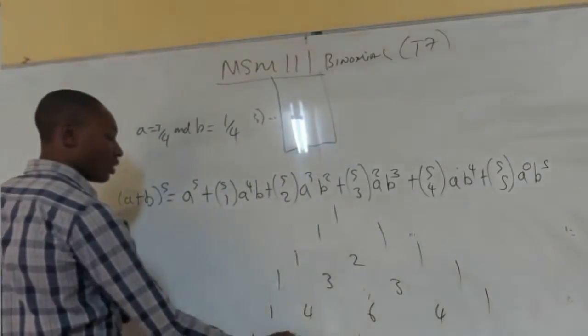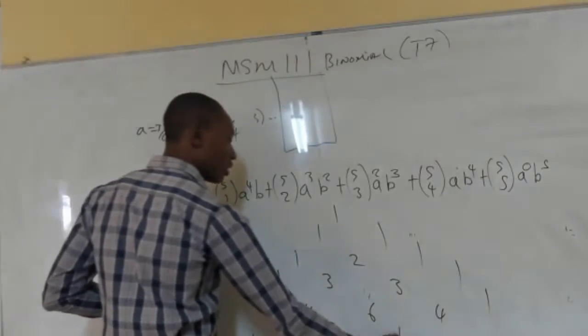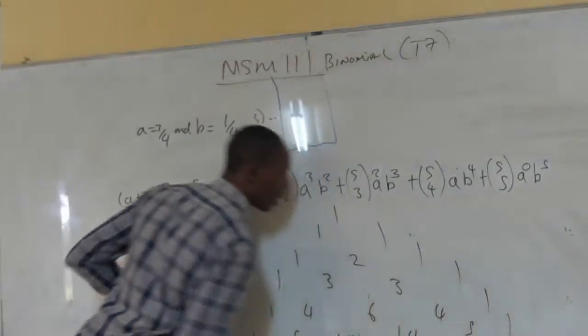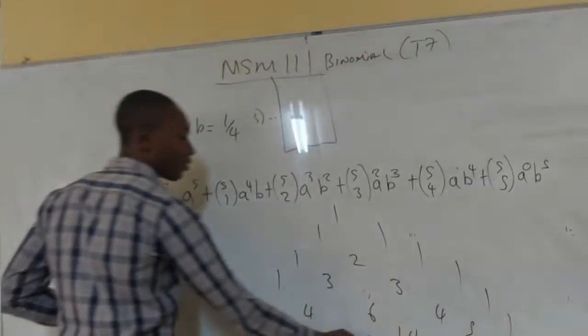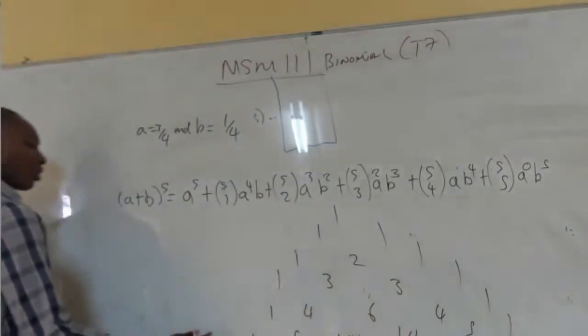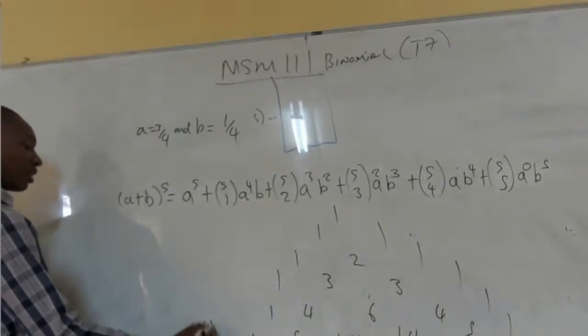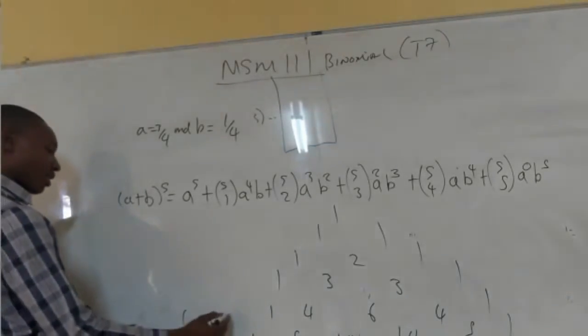Then we have 1, 5, 10, 10, 5, 1. So 1, 2, 3, 4, 5, 6. So already this is a plus b to the power 5.